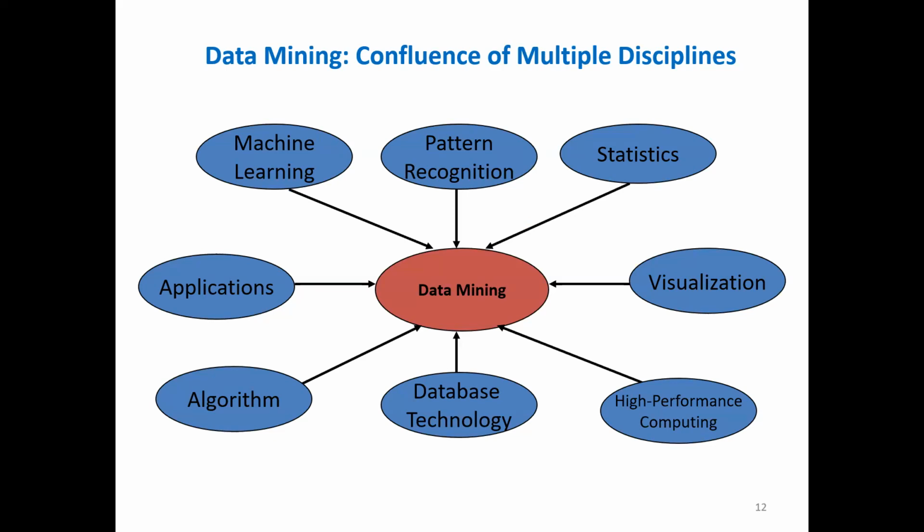In data mining, we are using database technologies. We have some basic knowledge of databases, some basic knowledge of statistics, and basic knowledge of machine learning, meaning how machine learning algorithms work, and how to visualize the data, and how to make our algorithm give the best performance, because if the data set is very large, the performance of the algorithm is reduced.